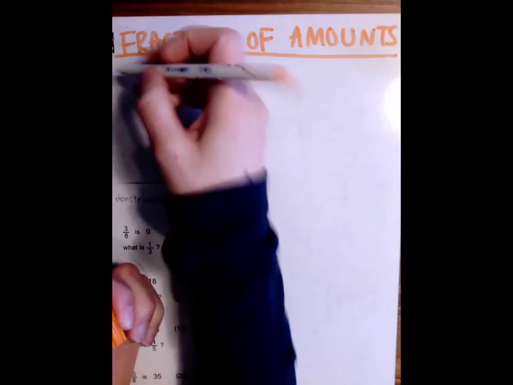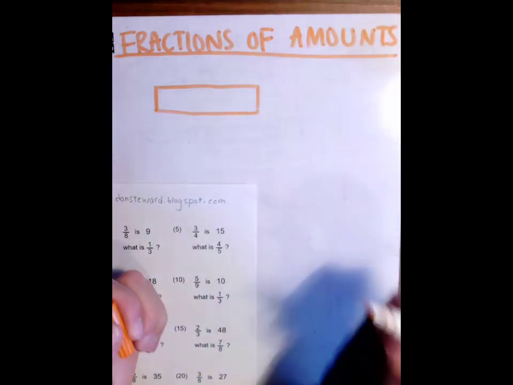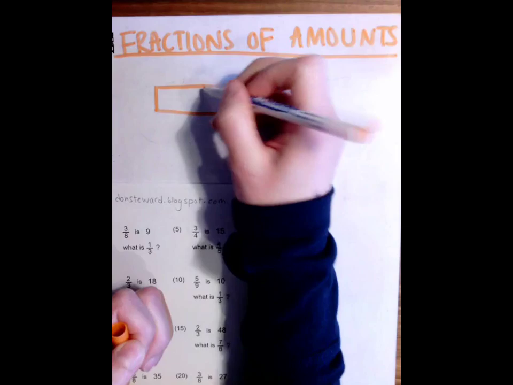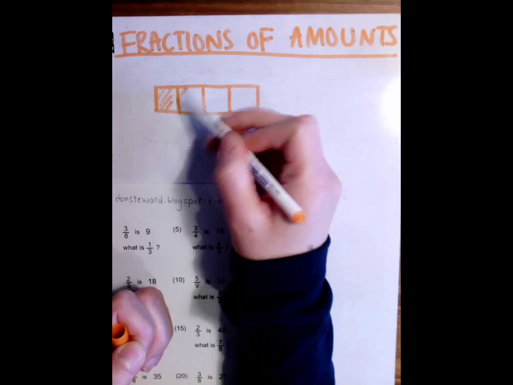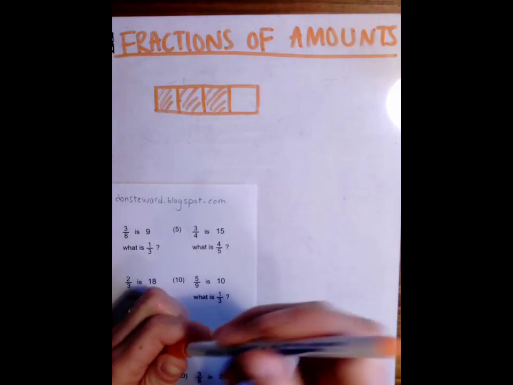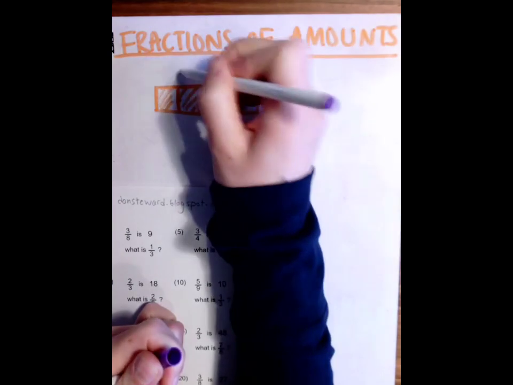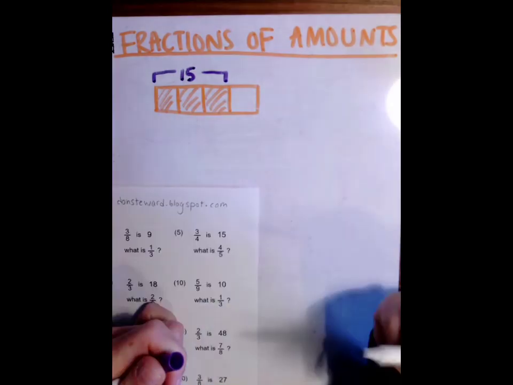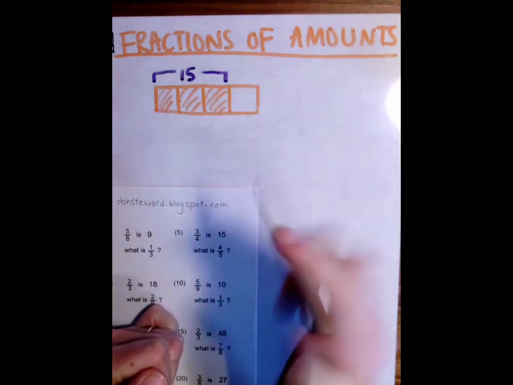So again, I'm going to draw myself out a bar like this, and I want to represent 3/4 on the bar. So if I split it into quarters and then shade in 3 parts, that would be 3/4. And they've told us that 3/4 is 15. So 15 is this part of the bar, not the full bar, because just 3/4 of it is 15.